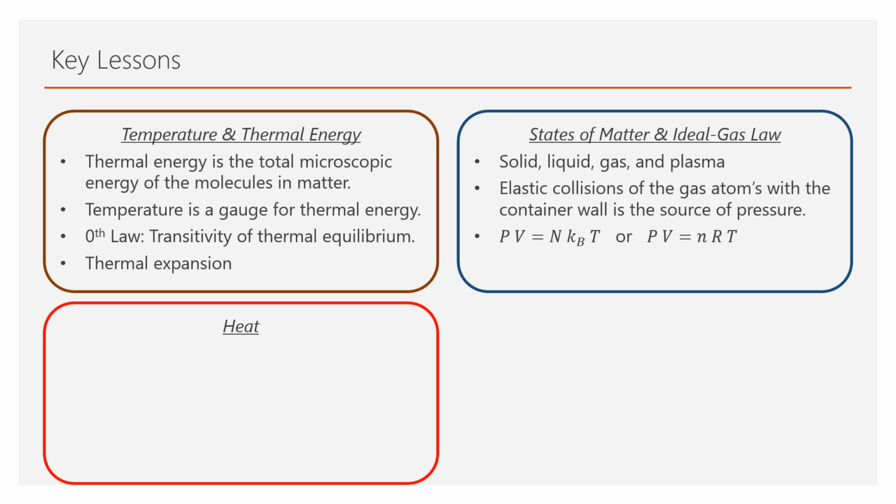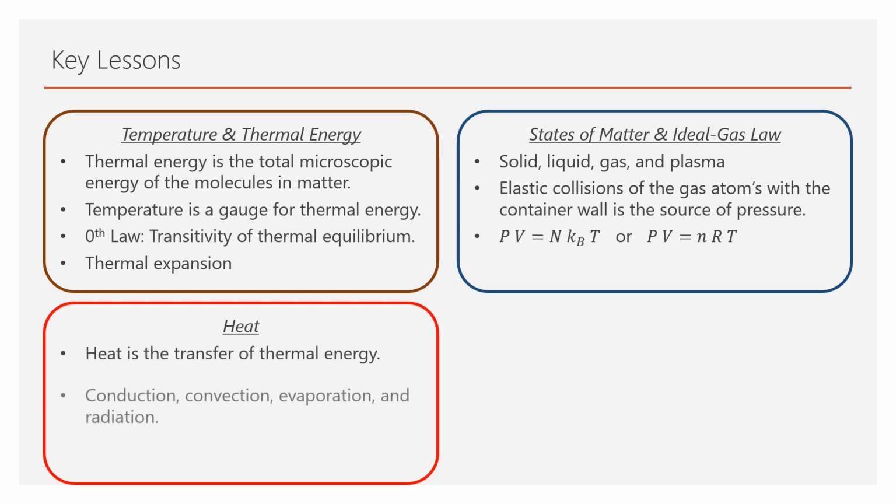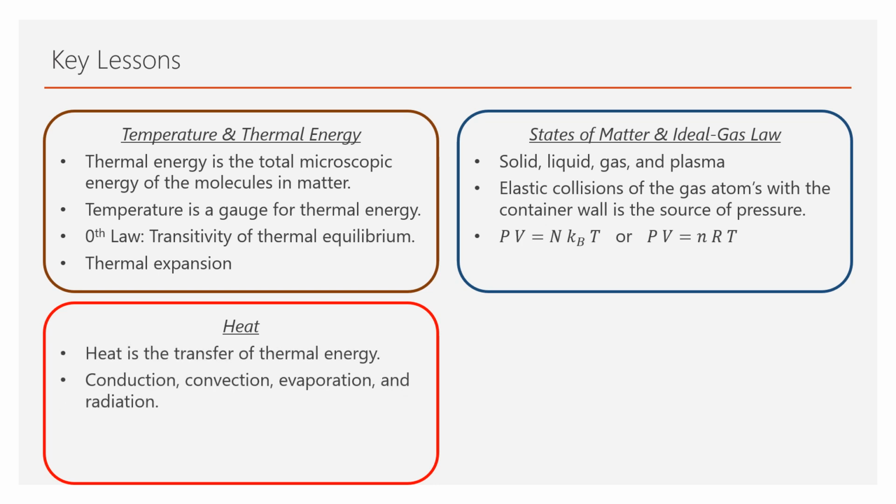Heat going into a system is called heating, and heat leaving a system is called cooling. There are 4 common modes of heat transfer. Conduction, which is heat transfer through contact. Convection, which is heat transfer through a surrounding fluid. Evaporation, where hot atoms are removed. And thermal radiation, where warm objects emit infrared light.